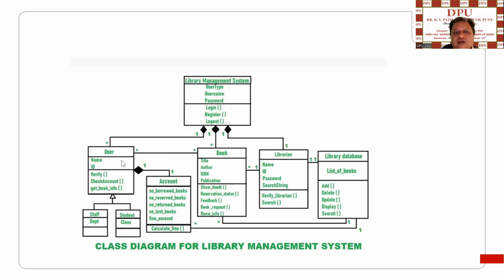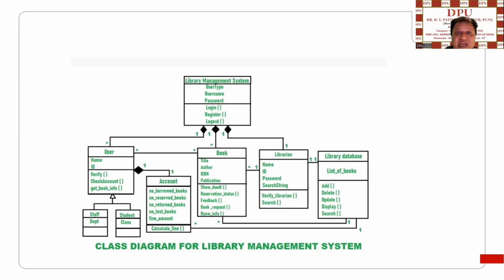So overall, we can show with the help of a class diagram how different classes are interacting with each other and what the behavior, methods, and attributes of a class are.